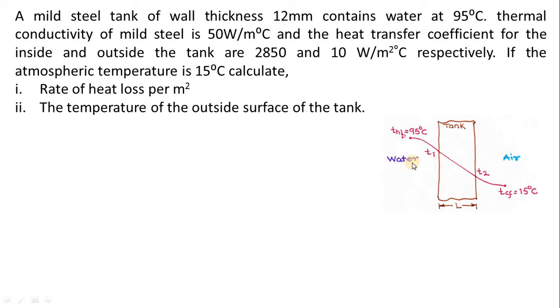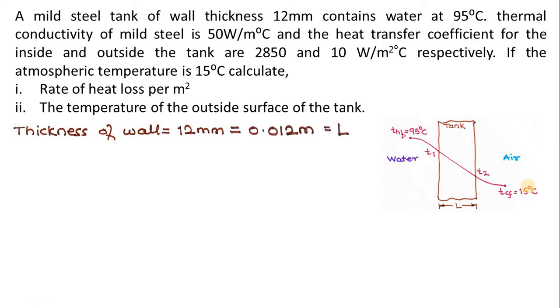So heat will flow from inside to the outside, since I have taken water which is at higher temperature than the air. Air is at 15 degrees Celsius. Now the thickness of the wall, which is equal to 12 millimeter, simply convert it into meter, and this will be the length, right?